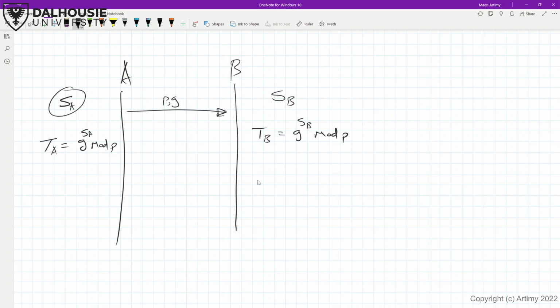Then Alice and Bob exchange these numbers. So Bob sends his own, the number that he created, and Alice sends hers.